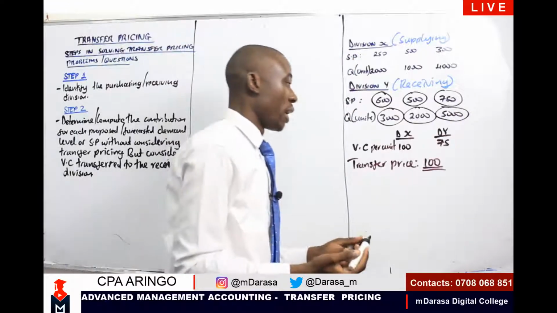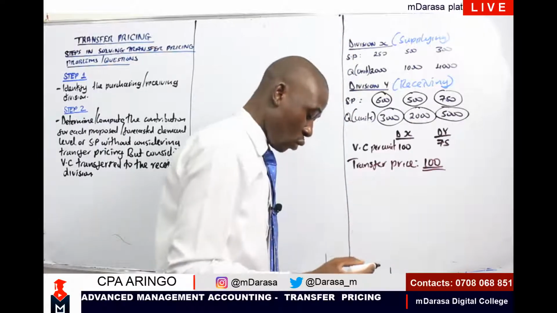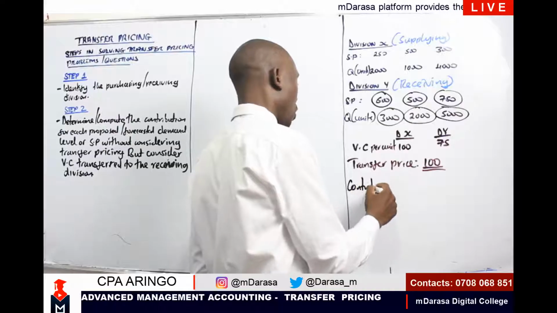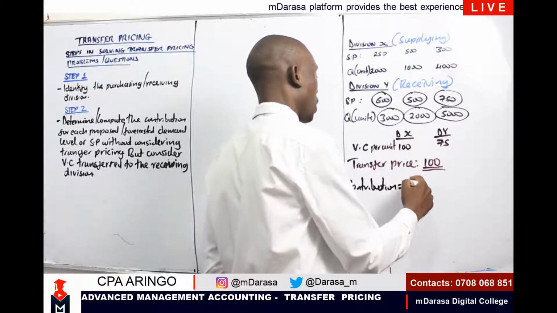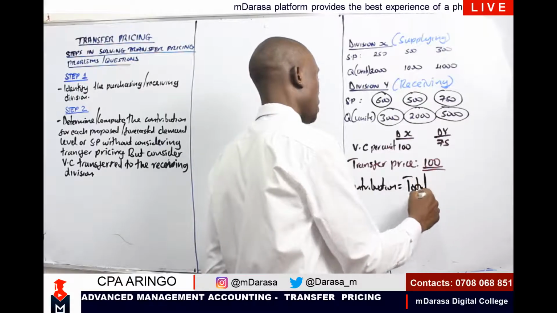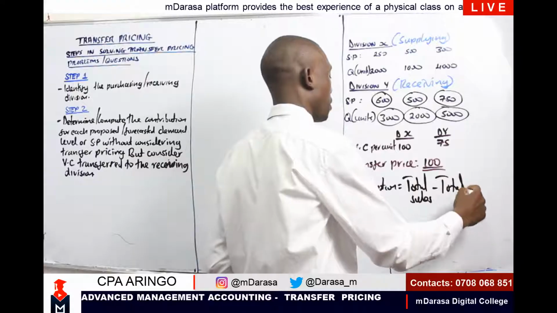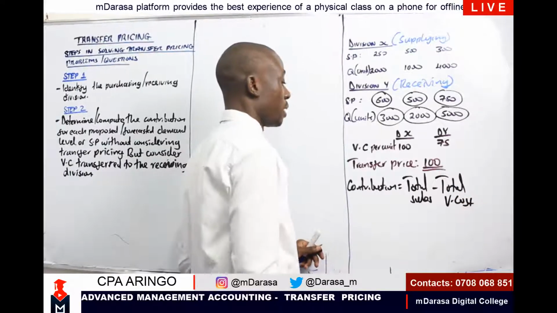And you know very well, for us to consider our contribution, how do we normally determine it? We normally take total sales minus total variable cost. That should give us our contribution.